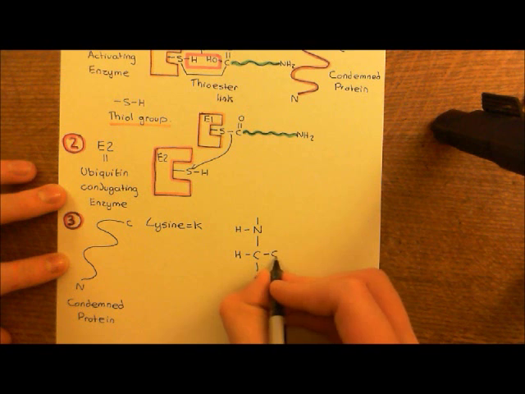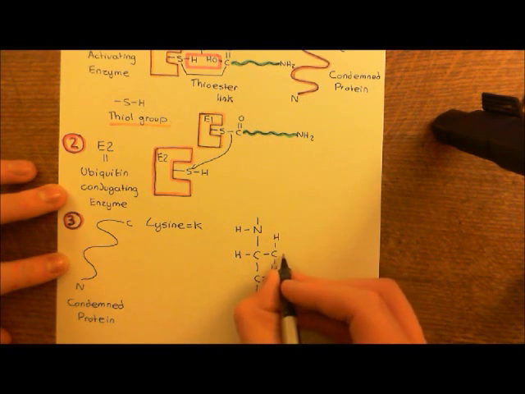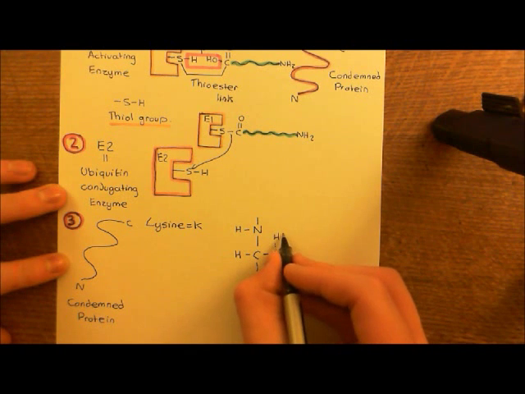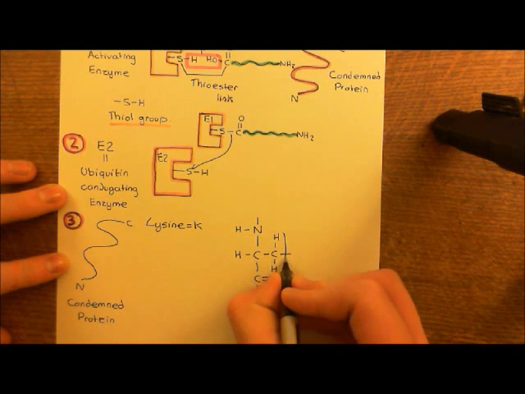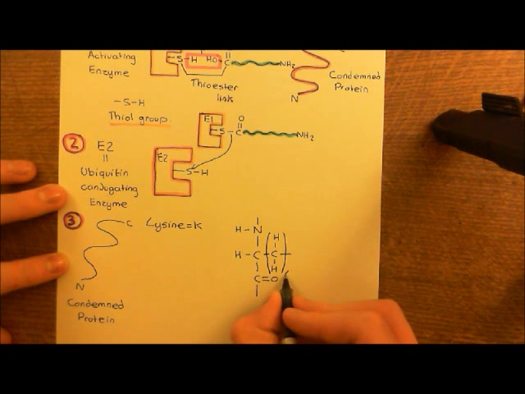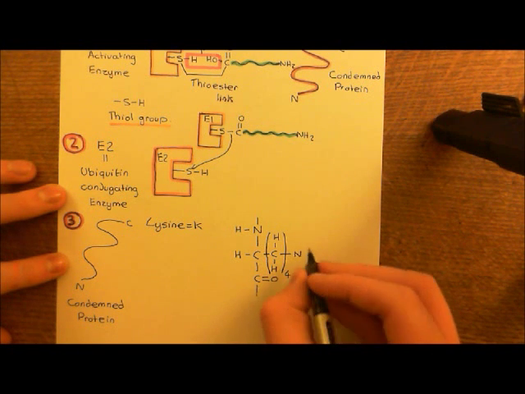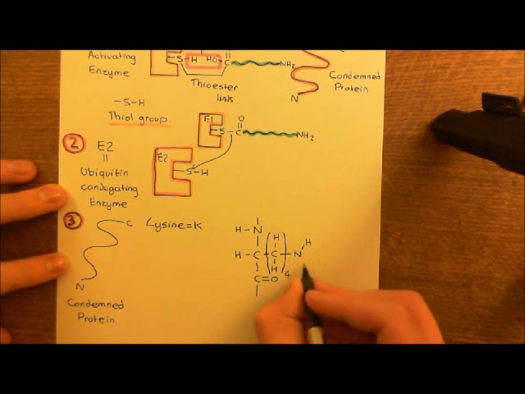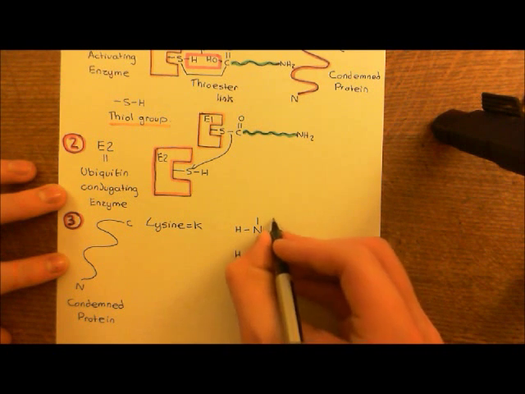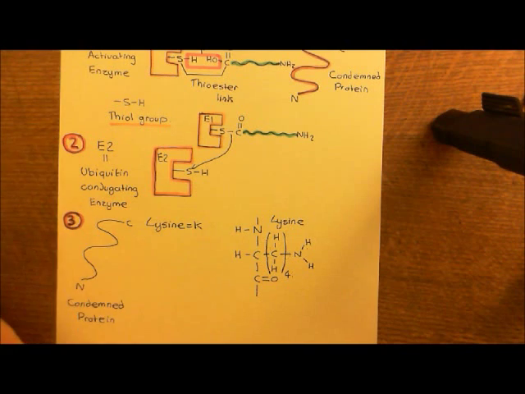And then the R group of a lysine residue consists of 4 methylene groups, and because I don't want to draw 4 methylene groups, what I'm going to do is I'm going to put one methylene group like this. I'm going to bracket it, and I'm going to subscript that 4, and that means repeat this 4 times. Okay, and then you're going to have an amino group here. Okay, so this is a lysine residue here.